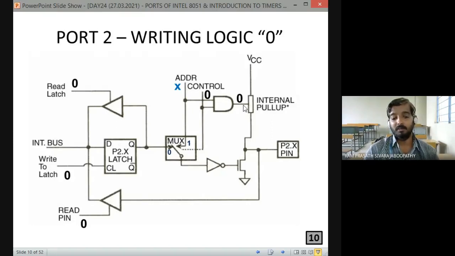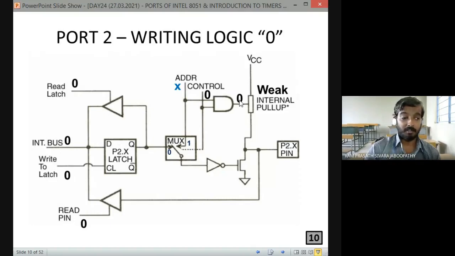Here, when logic 0 goes, it is going to work as a weak internal pull-up. Please remember this. That means this pin is pulled high only, always. Whether it is a weak pull-up or a strong pull-up is decided by the output of the AND gate. That's all.